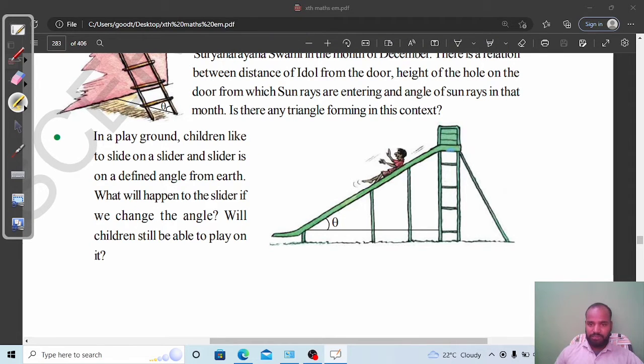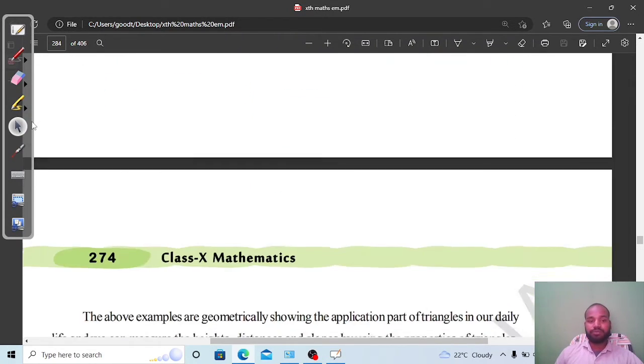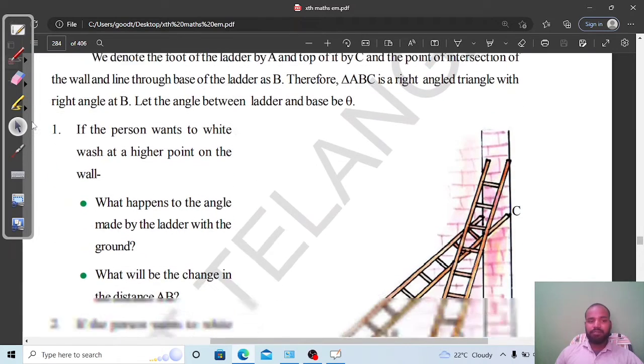If you consider this as one triangle, we get one triangle. Here the elevation is made by this slope, this slider. In the same manner, we have given examples for this. So those are the examples.